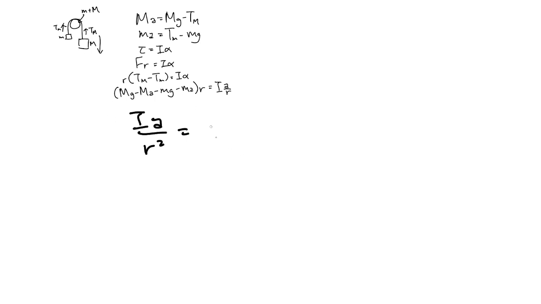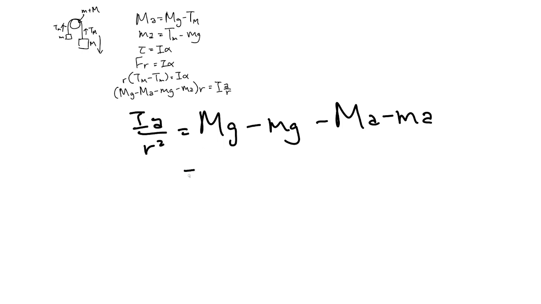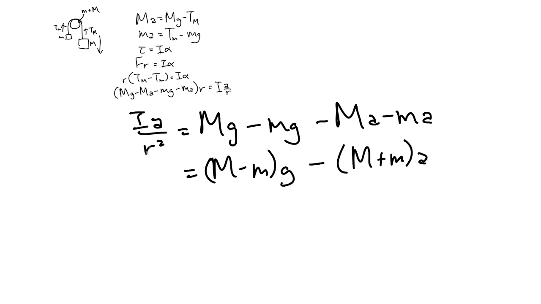And we can start rearranging these. So this is going to be Mg minus mg minus Ma minus ma, and this is going to be equal to (M minus m)g minus (M plus m)a.